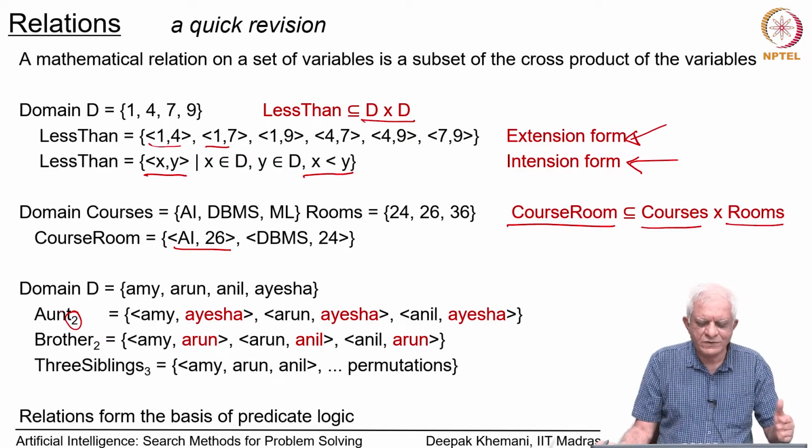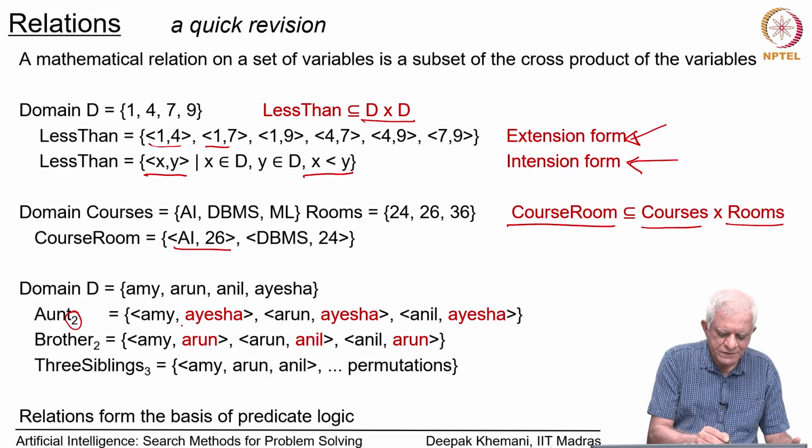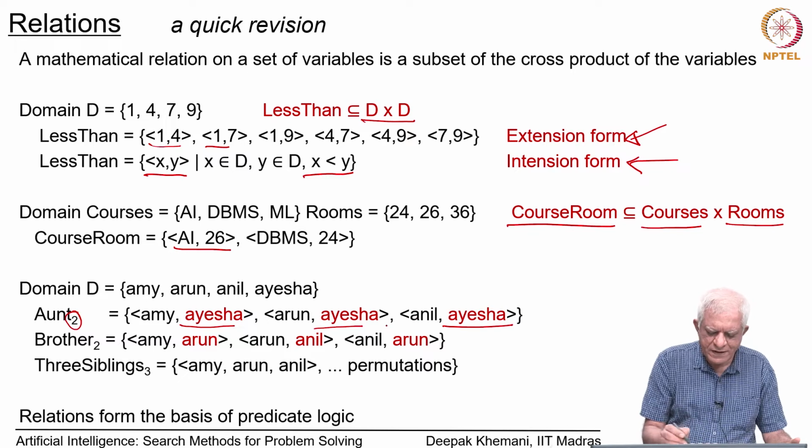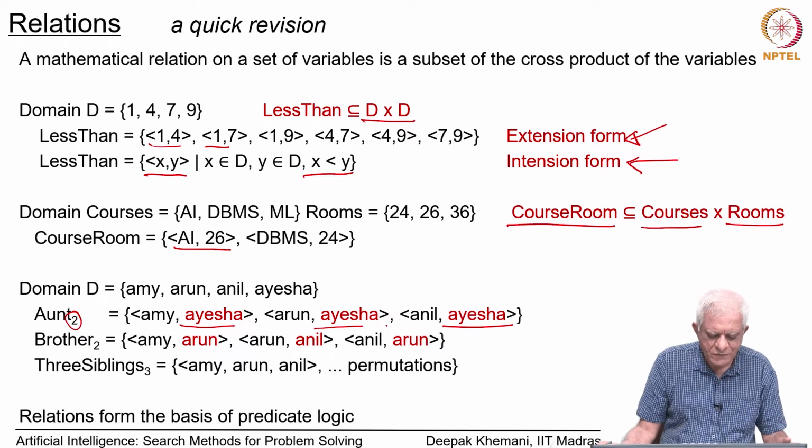Basically, in the first 2 examples, we did not mention the arity explicitly, and we kind of said that it is a binary relation, but this 2 basically says it is a binary relation, it is between 2 elements. And this aunt relation tells you who is the aunt of who. So, what I have highlighted in red is the name of the aunt, and there are these 3 people whose aunt she is essentially.